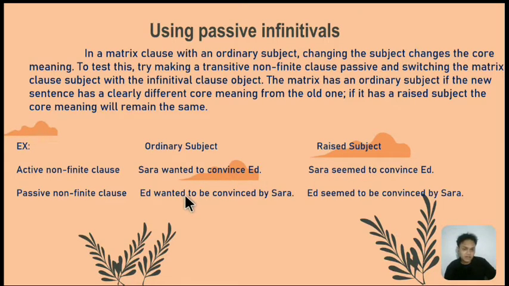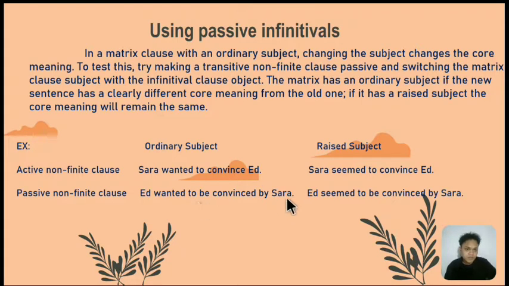Okay, let's start with ordinary subject. Sarah wanted to confess Ed. This is the active voice. And Ed wanted to be confessed by Sarah. This is the passive voice. In the active voice, the main meaning of the sentence is that Sarah is the one who does the verb to Ed.